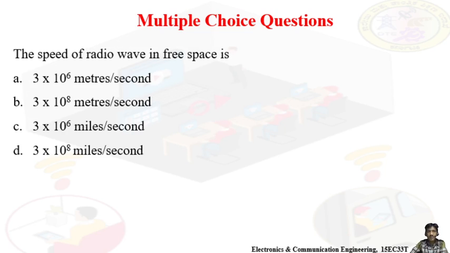Second multiple choice question. The speed of the radio wave in free space is: option A, 3 into 10 to the power of 6 meter per second; option B, 3 into 10 to the power of 8 meter per second; option C, 3 into 10 to the power of 6 mile per second; option D, 3 into 10 to the power of 8 mile per second.